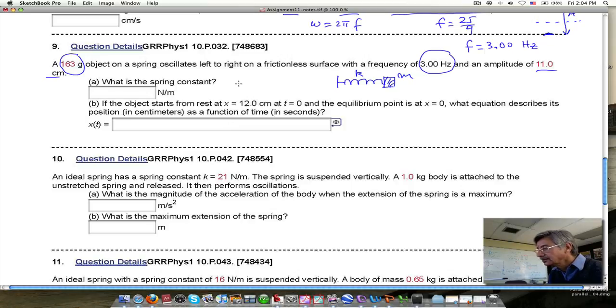Well, the spring constant: the relationship for a spring between the frequency and the spring constant is given by this expression.